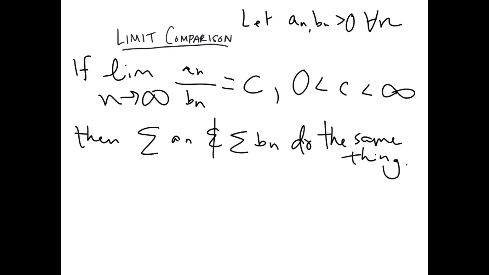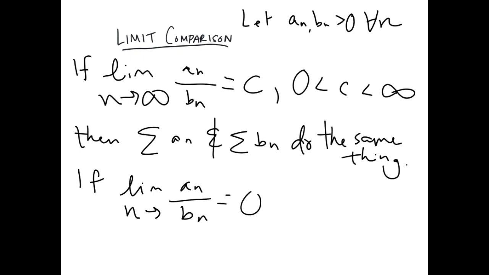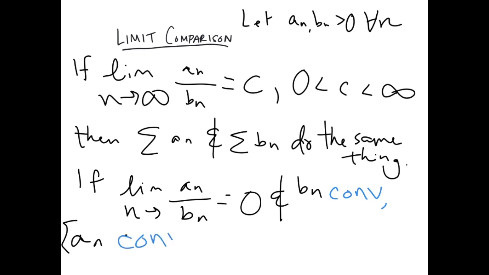Okay, so we have a few other statements we can use. If the limit as n goes to infinity of an over bn equals 0 and the sum of bn converges, then the sum of an converges.